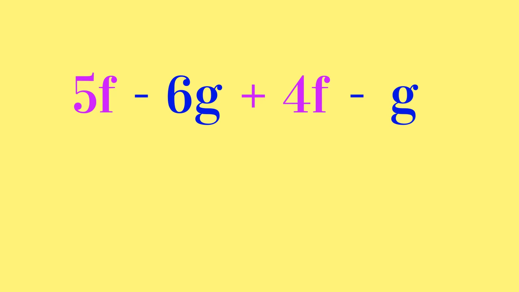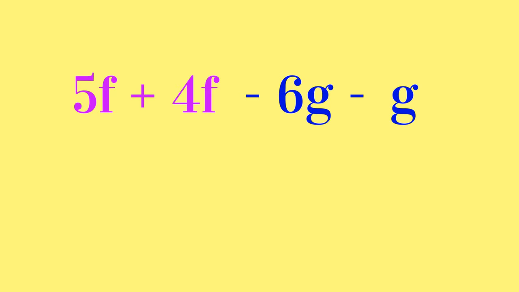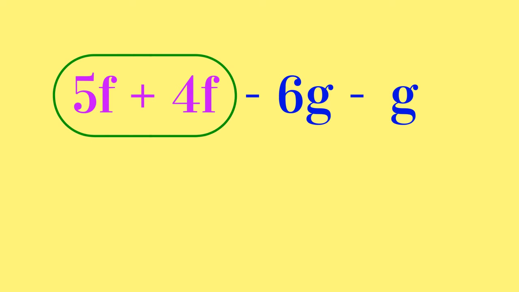If we reorganize the expression to group the like terms together, it makes it easier to simplify. 5f add 4f is 9f.